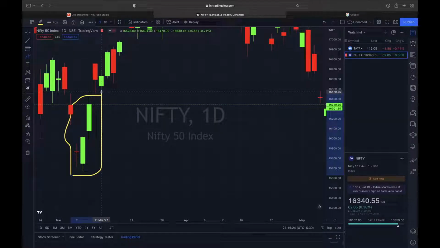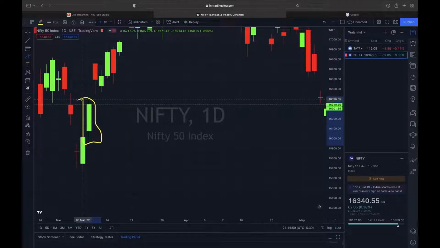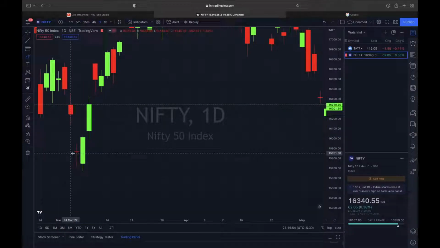Say, upside or downside move, guys? Upside, right? Similarly, with the view of these candles, we predict that the market is going to go up or the market is going to go down, right?